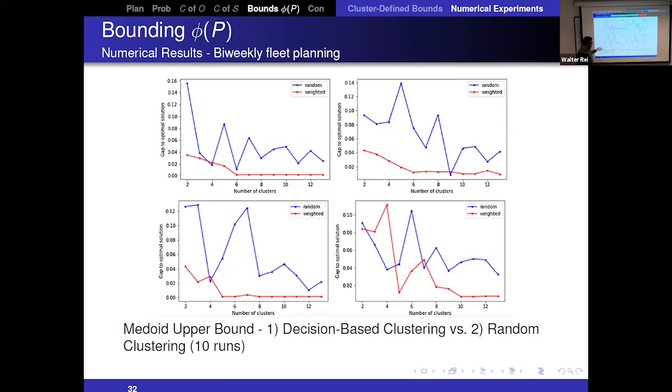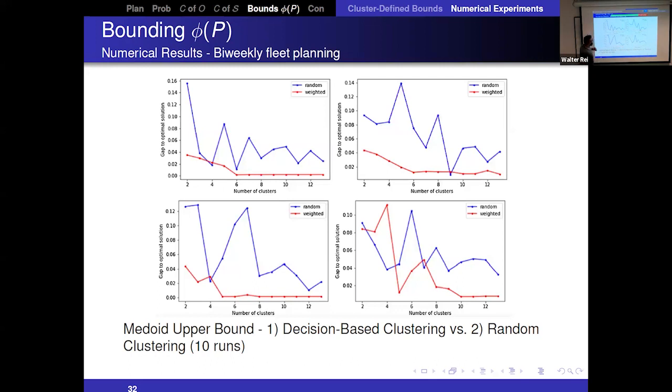What we're comparing here is first the decision-based clustering, compared to just Monte Carlo, constructing the clusters through the use of Monte Carlo sampling. So 10 runs, where you construct the partition by randomly selecting the scenarios to keep in each cluster. Gap versus the number of clusters.